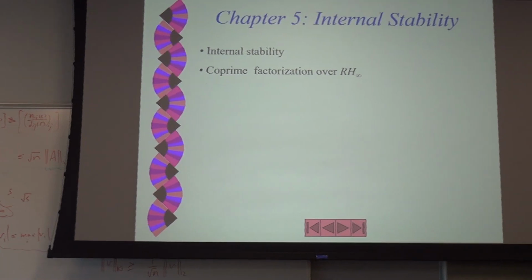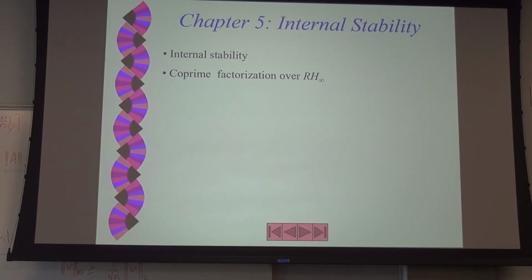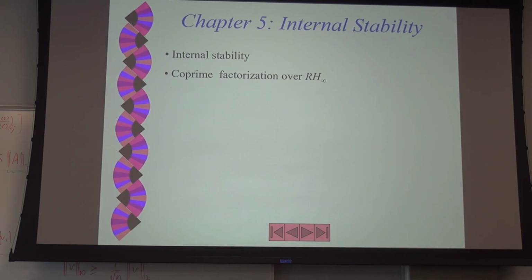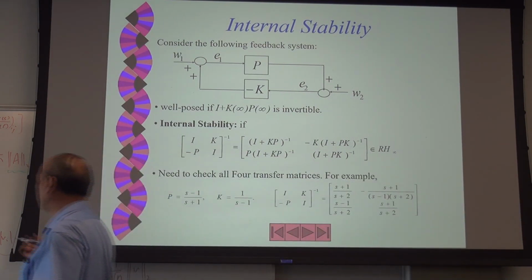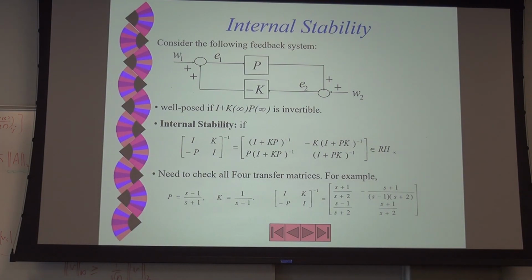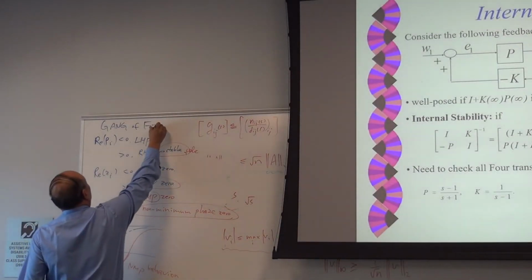We are going to have a further appreciation of the non-minimum phase theory. But here, internal stability, to formalize it, uses what we call the gang of 4.